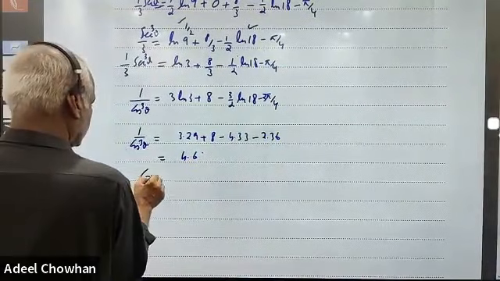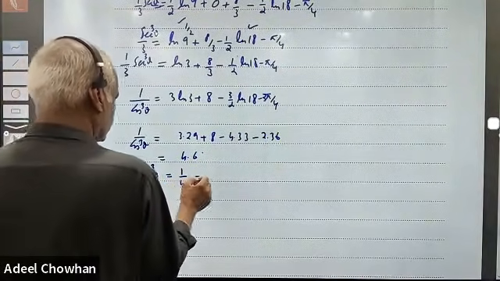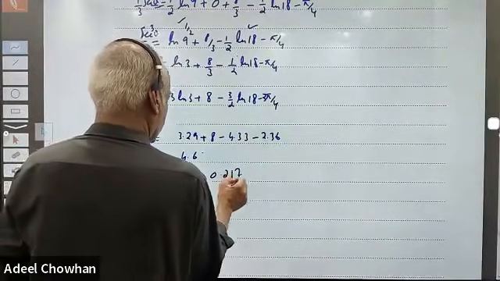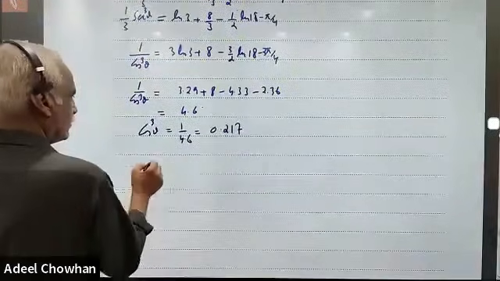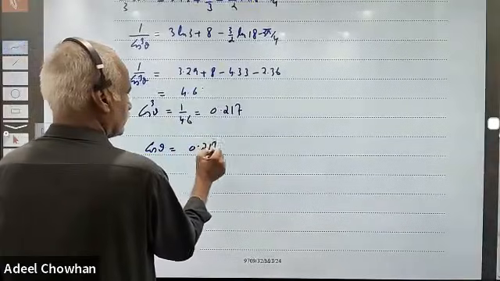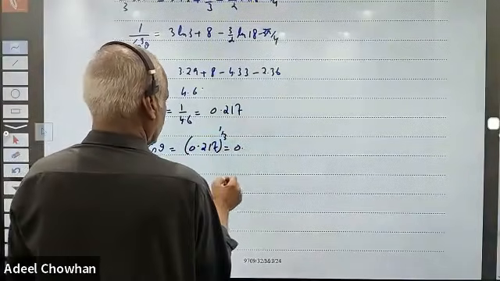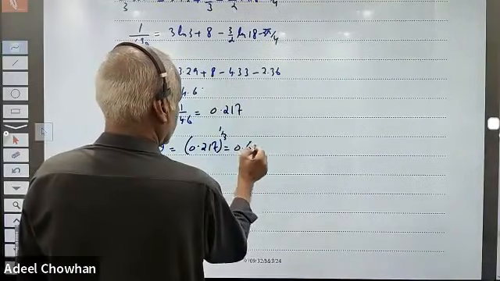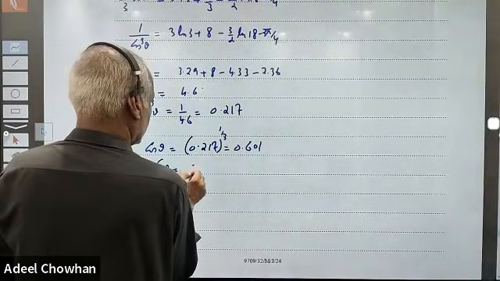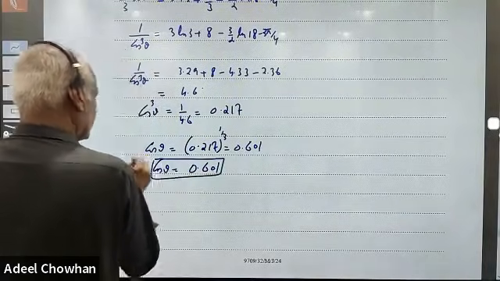So cos cube theta is equal to 1 over 4.6, which is 0 point something. Then cos theta is equal to 0.601, which is the answer of this question.